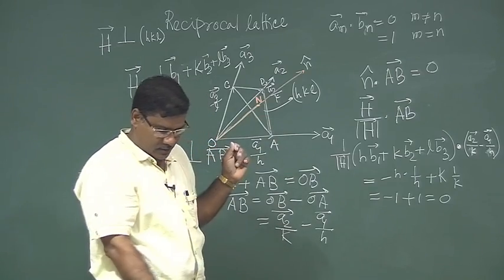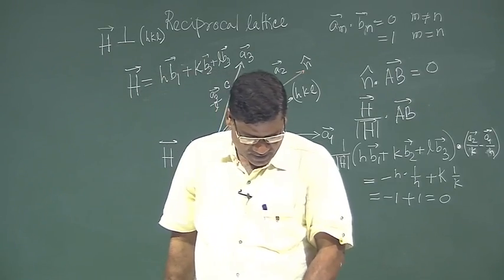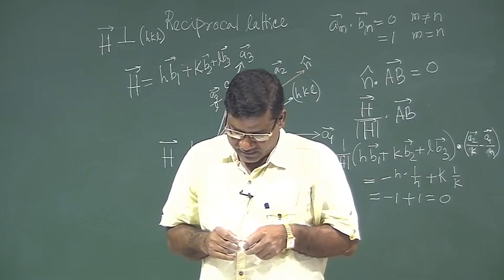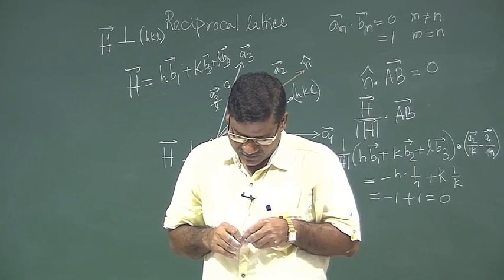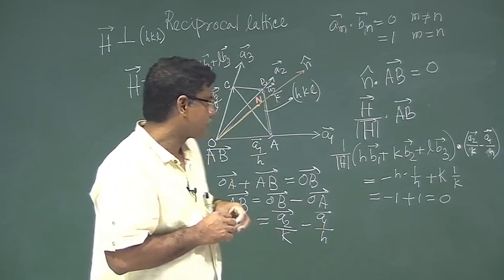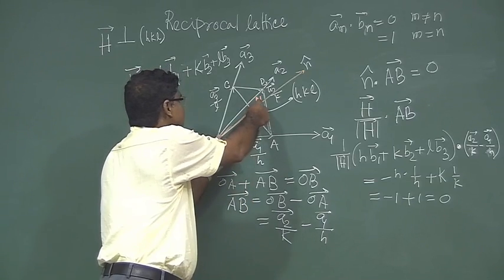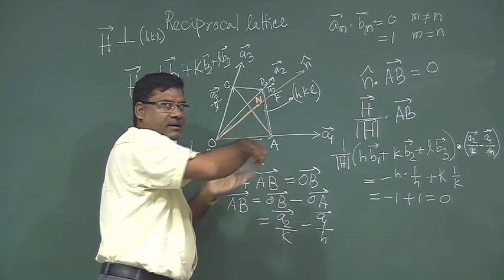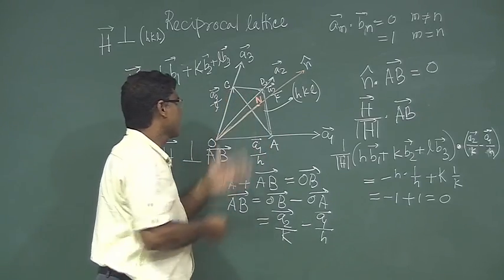This is the normal of this plane, and the magnitude of this ON is nothing but the planar spacing of this HKL plane.